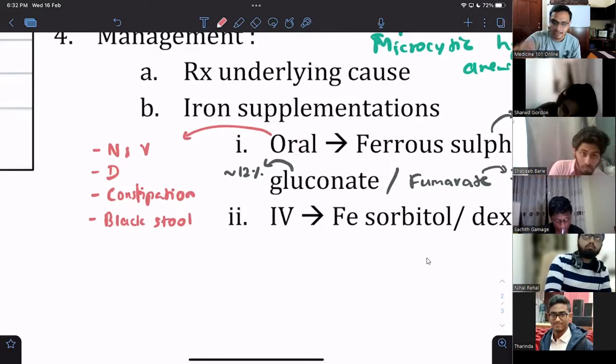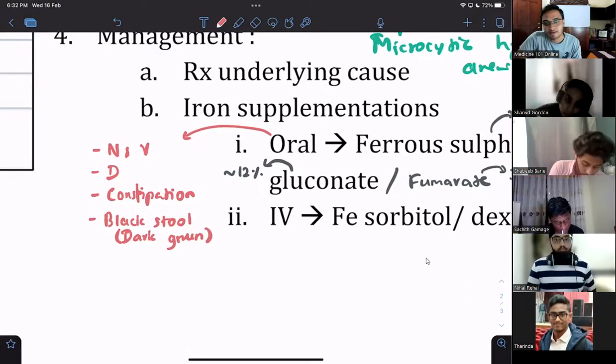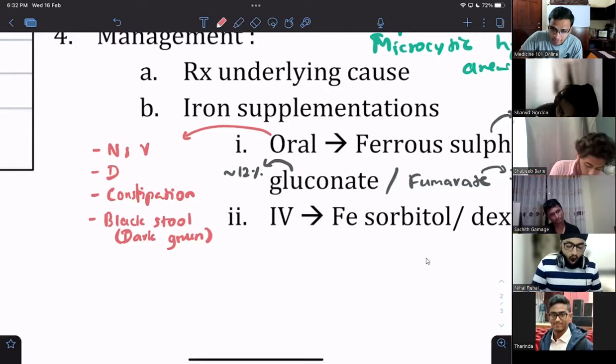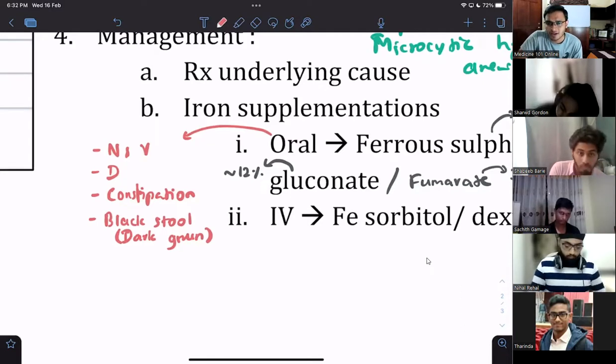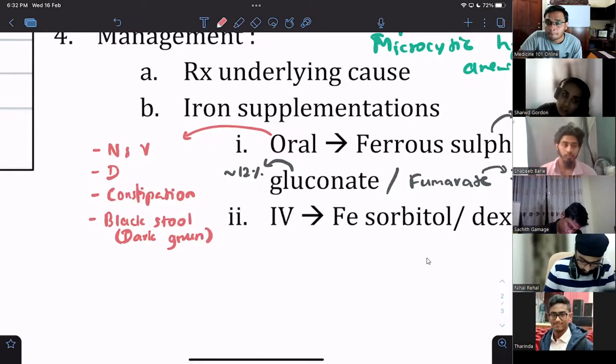It becomes black. It's actually, guys, a very dark green, but most of the patients will come and complain to you as black. So when they complain of black, what's the issue? Black tarry stools. Where do you see that? GI bleeding. Yes, upper GI bleeding.